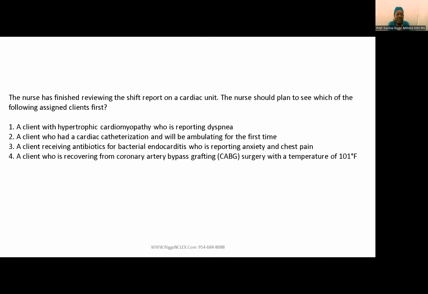A client who had a cardiac catheterization who will be ambulating for the first time. A client receiving antibiotic for bacterial endocarditis who is reporting anxiety and chest pain. A client who is recovering from coronary artery bypass graft, CABG, surgery with a temperature of 101.